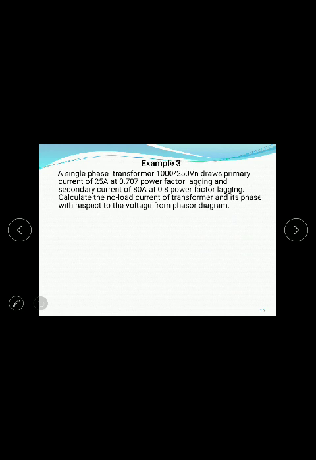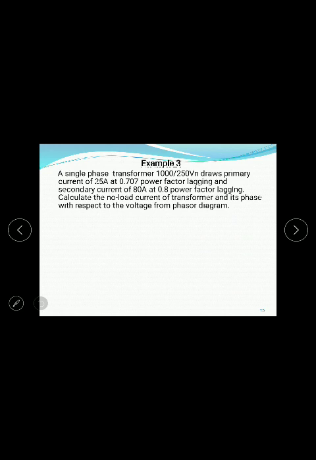So here calculate the no load current of transformer and its phase with respect to the voltage from the phasor diagram.